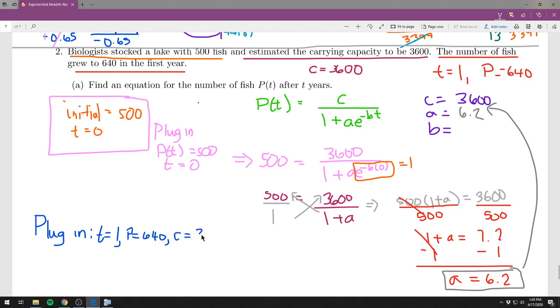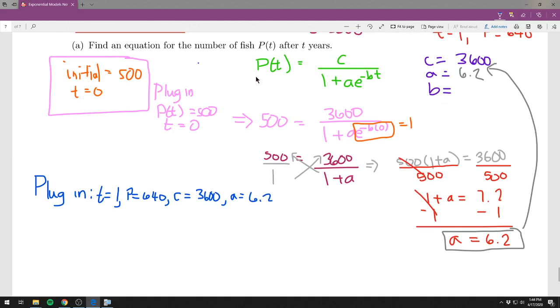C equals the 3600 that we already plugged in before. Just don't forget to do it again. And A is 6.2. And we're plugging it into our logistic formula right there.